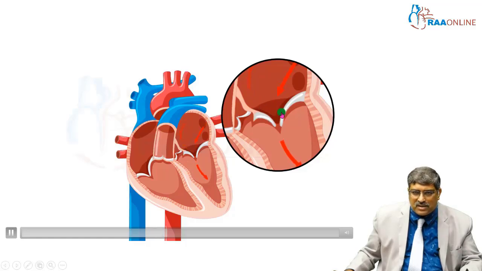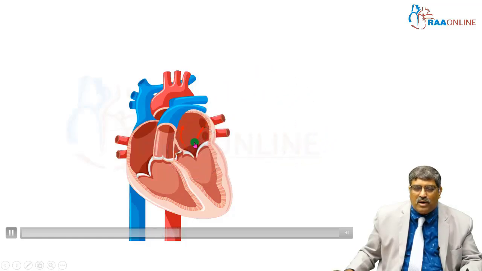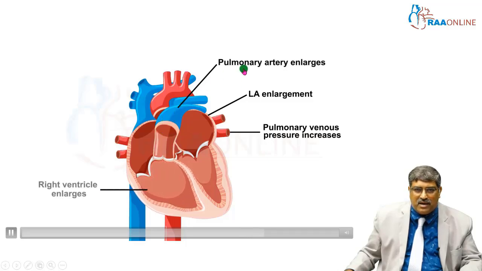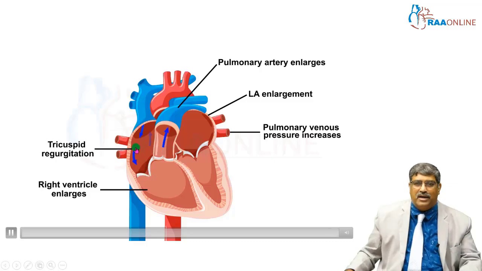So, the flow gets obstructed here, and the first chamber which gets affected is your left atrium. There is left atrial enlargement which reflects back into the pulmonary vein, increasing the pulmonary venous pressure, and it reflects back into pulmonary artery where your pulmonary artery enlarges, and because of your pulmonary artery pressure, your right ventricle enlarges, and as your right ventricle enlarges, there is TR which regurgitates the blood from the right ventricle to the right atrium.